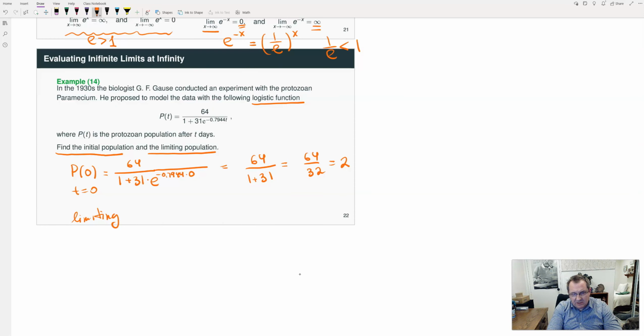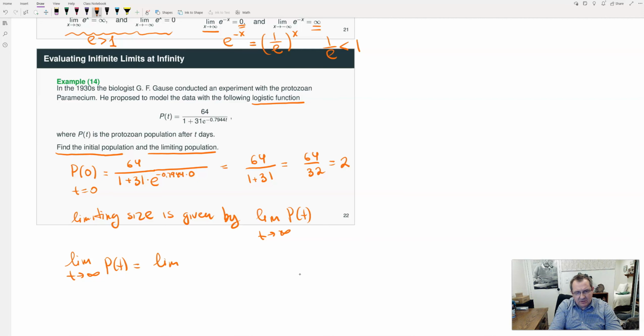In other words, the limiting size is given by the limit of that function as t goes to positive infinity. All right, let's take a look at that limit. The limit as t goes to infinity of P of t. This is the same as to say t goes to infinity in the following fraction.